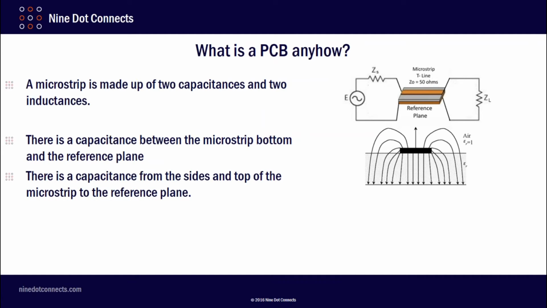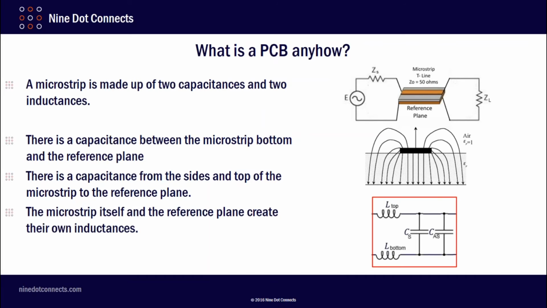So technically speaking, answer number one, B, was not really wrong per se, other than you had to understand that there were two different capacitances because there's two different dielectrics. A lot of people don't think about it, but even the solder mask has a specific dielectric permittivity or dielectric constant, so you got to be aware of that. The microstrip itself and the reference plane will create their own inductances.